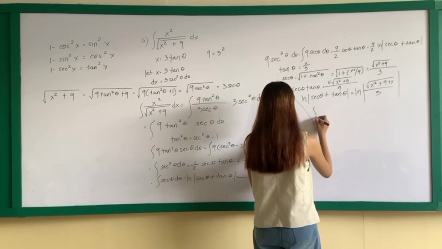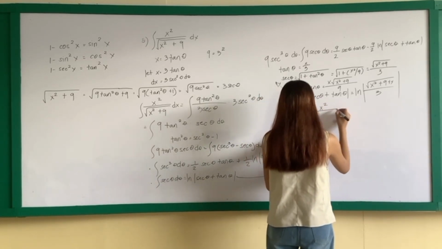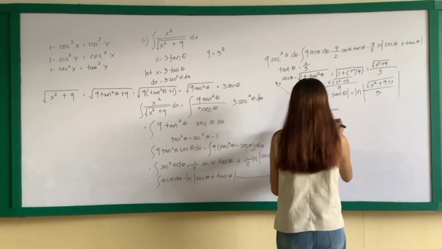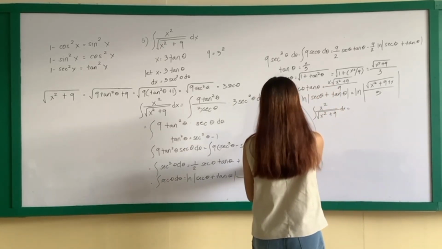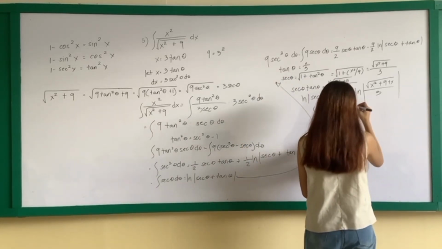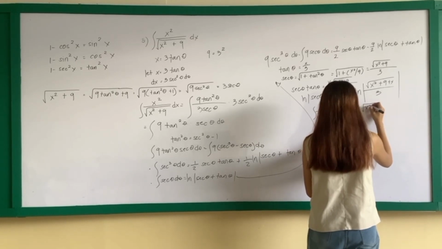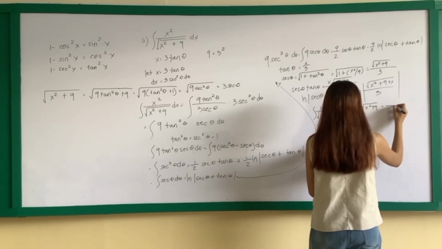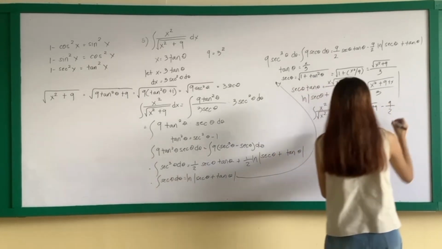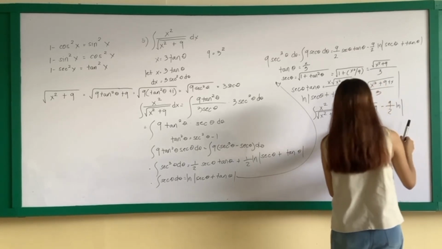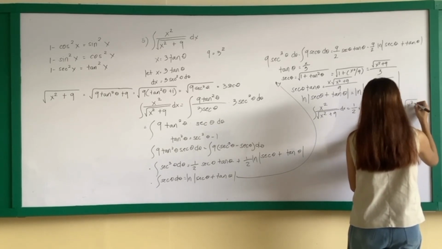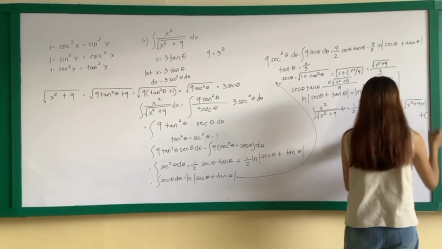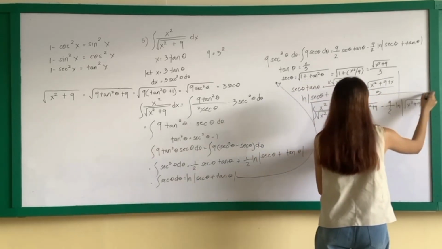So now our final answer for this problem is 1/2 x times the square root of x squared plus 9 plus 9/2 ln the absolute value of the square root of x squared plus 9 plus x, plus C. That is our final answer.